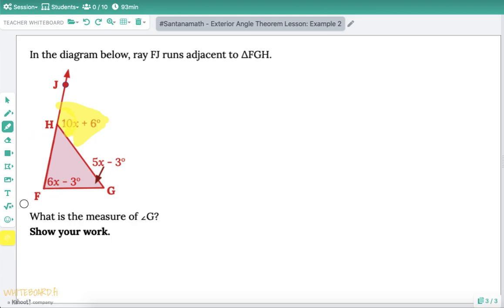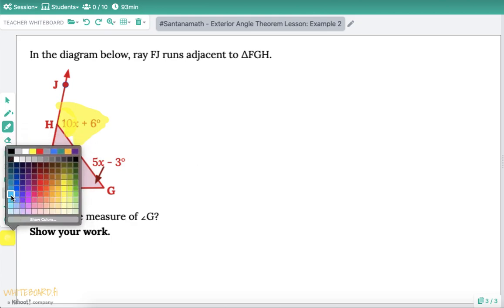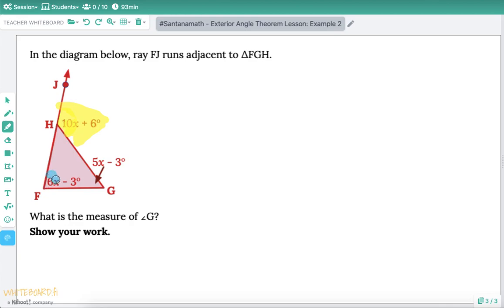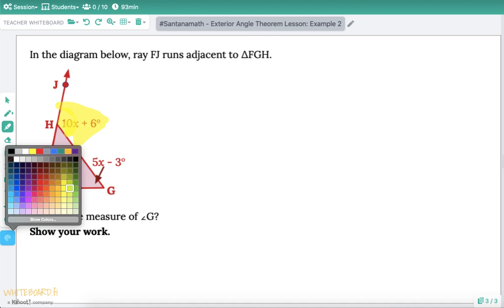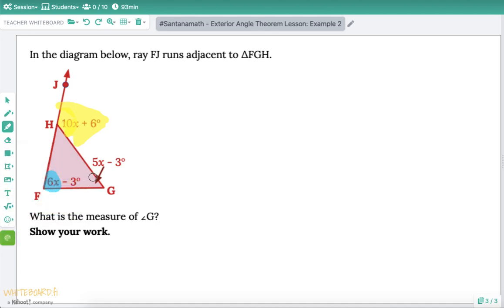And you have the furthest most angles. So let's use different colors here. This angle here, and for all intents and purposes, let's use green. So you have those two angles which are the furthest from the exterior angle, and we can go ahead and use the exterior angle theorem because we have the matches.